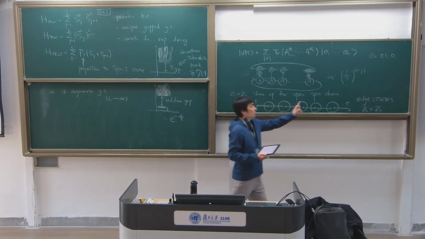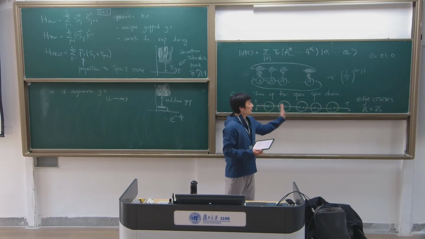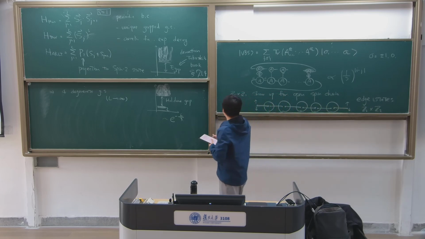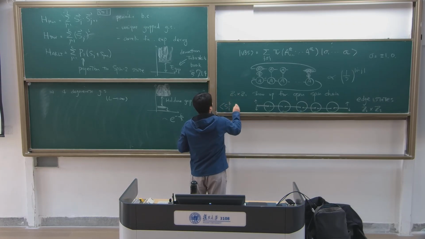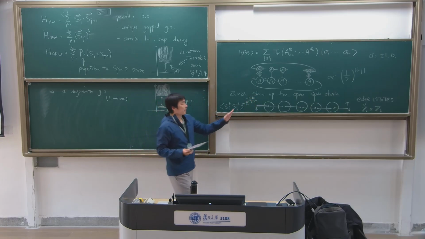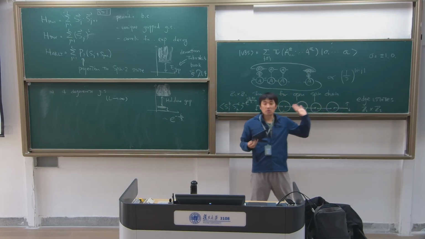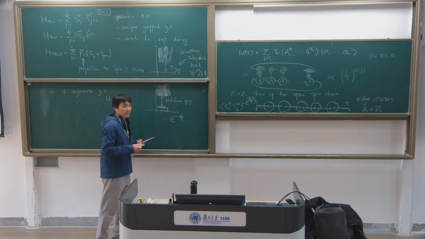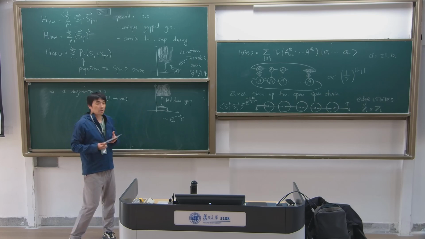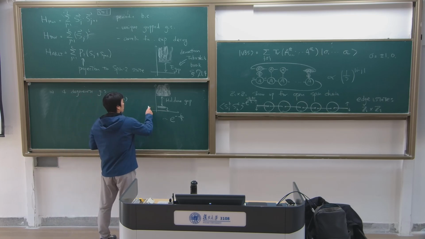If you have the edge modes, edge states here, with size L, they can still interact with exponential decay: the correlation of S_j and S_k is e to the minus |j minus k| over the correlation length. So the edge modes can still interact, and it can create this small energy gap between the singlet and triplet.